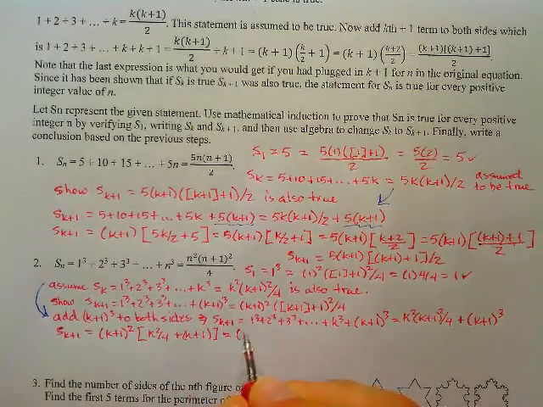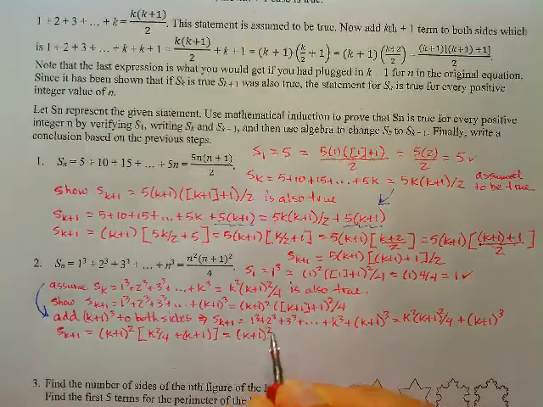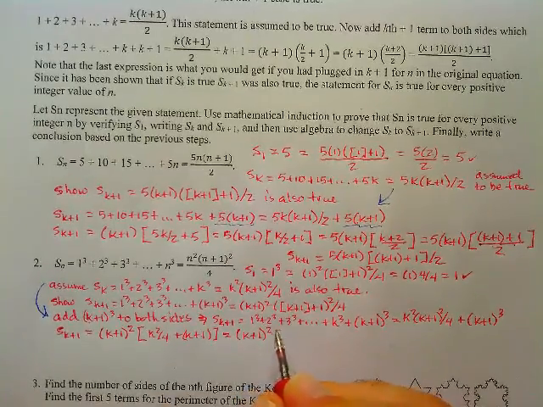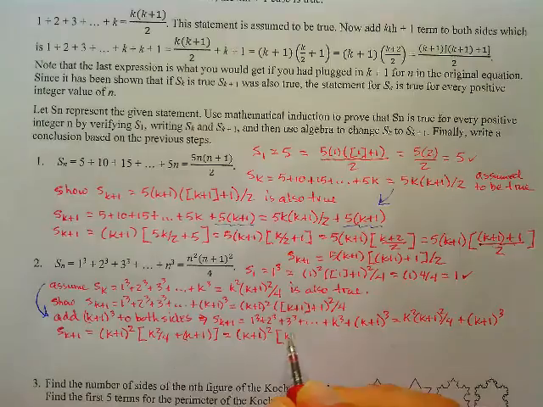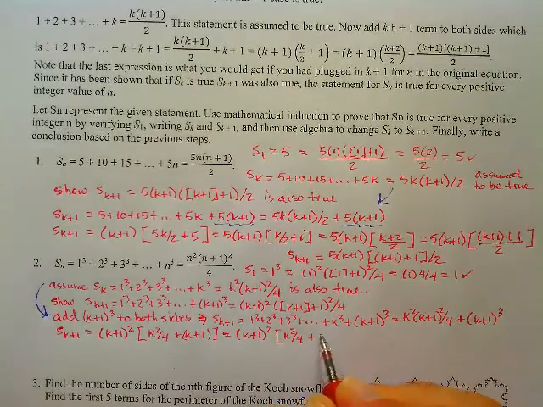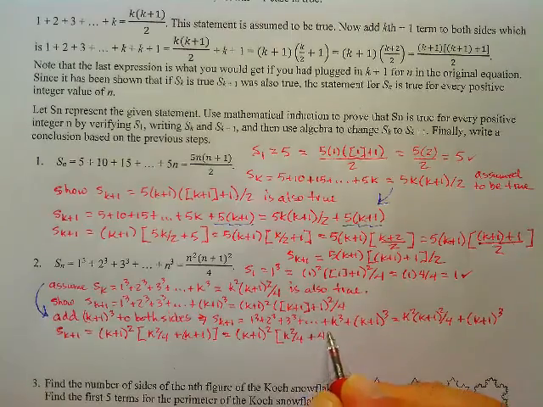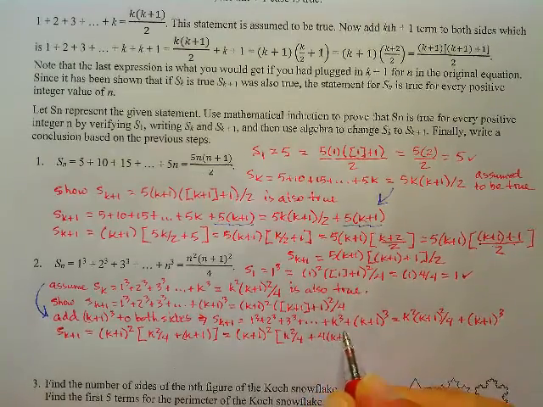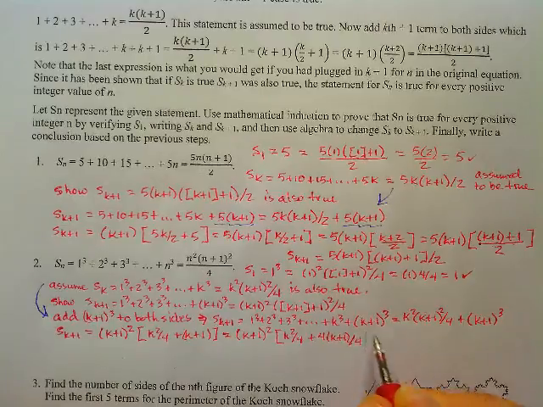So I still have the (k+1) squared here, and then k squared over 4, and the other part will be 4 times (k+1) over 4.